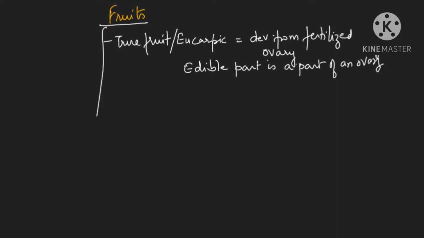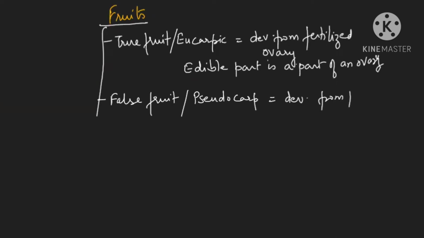But there is another type of fruit known as false fruit, or pseudocarp. It also develops from a fertilized ovary, but its edible part is not an ovary part.